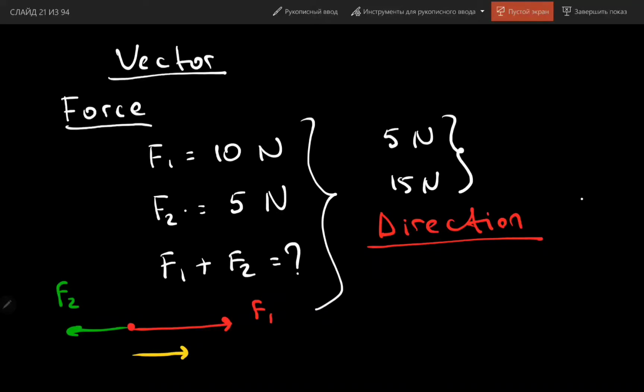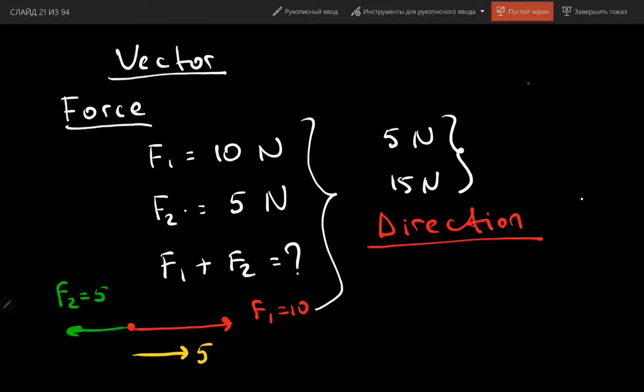So let's say F1 was equal to 10 newtons, F2 equal to 5 newtons, and for this specific case, F1 plus F2 will give you 5 newtons, and the direction will be to the right, because F1, 10 newtons, is bigger than F2.